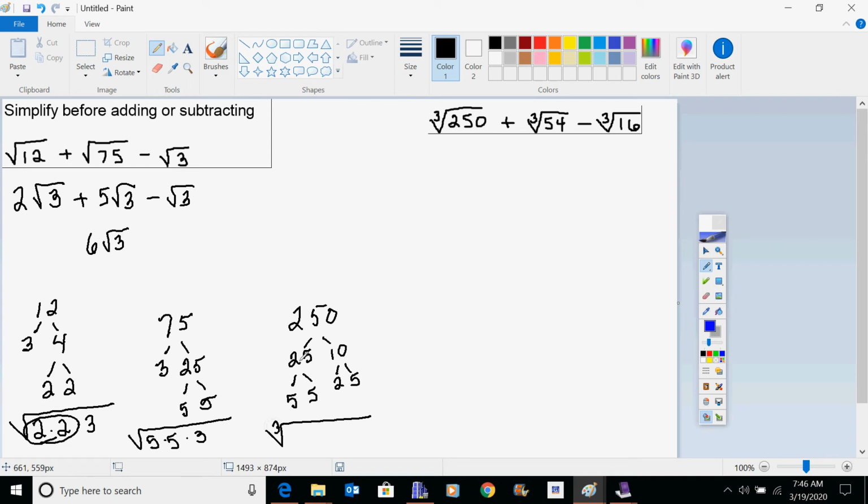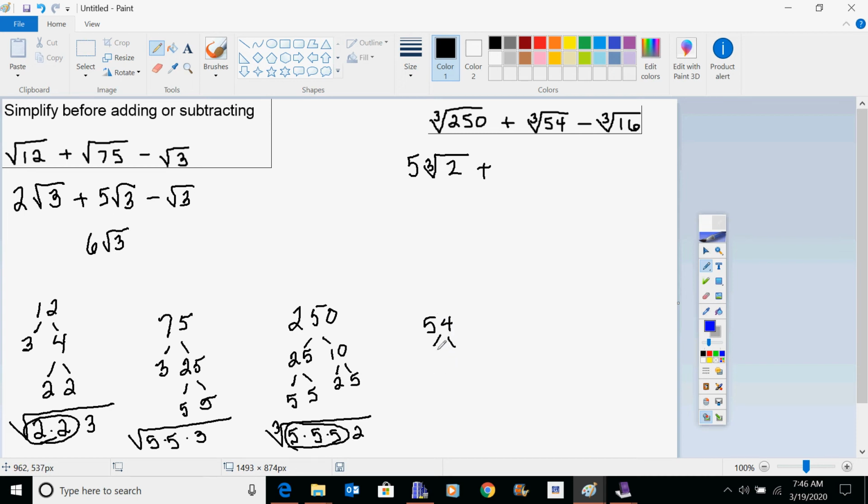So this actually kills two birds with one stone, because I'm getting to re-explain this. You prime factor, and you're looking for the groups of 3 here because our index is 3. So we have the cube root. So 5 times 5 times 5, you have 1 5 that came out, and a cube root of 2 that's left in. And then we're going to simplify 54.